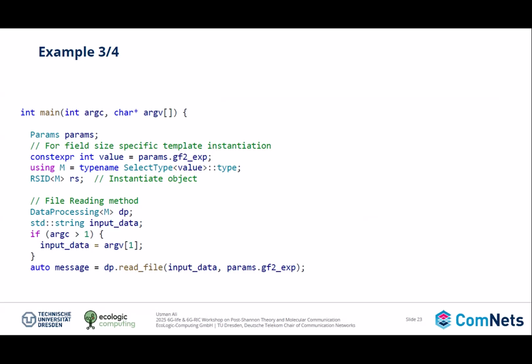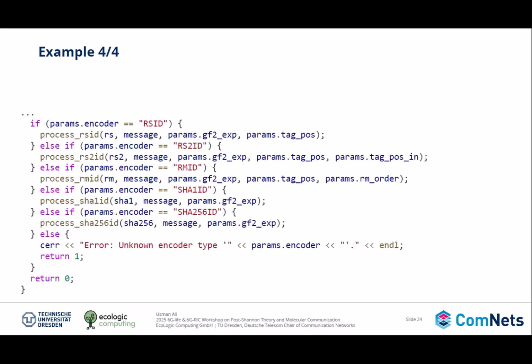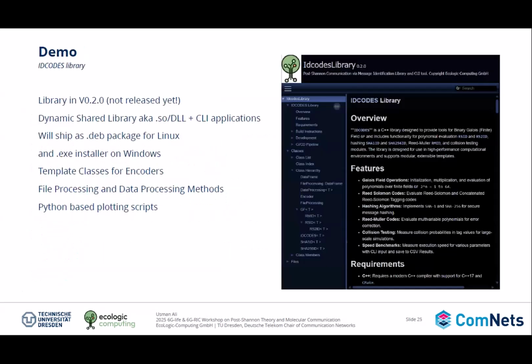For example, for GF 2 to the power 8, we store it in the unsigned int 8 type. And for 2 to the power 64, we use 64-bit unsigned int types to store the data. And then you could generalize the library API to other methods as well, like SHA-1, SHA-256, as well as RS2 and RMID, and call your function, and it's just one line in the end.